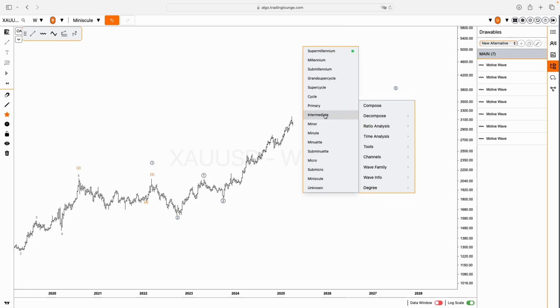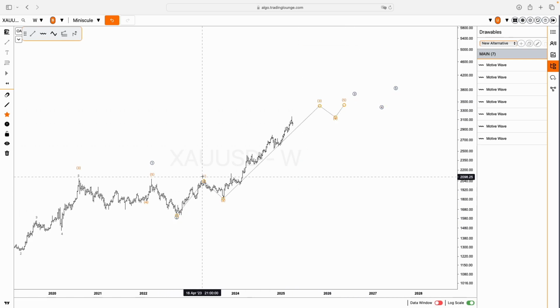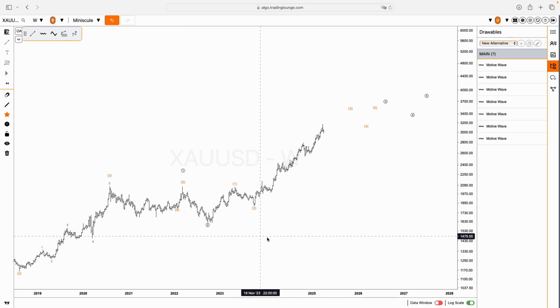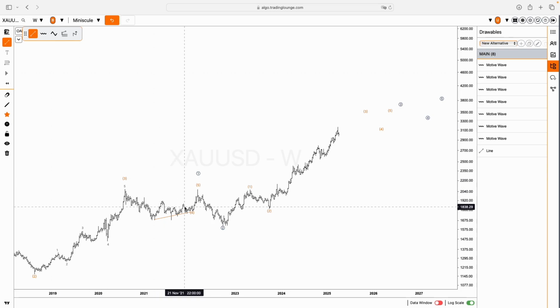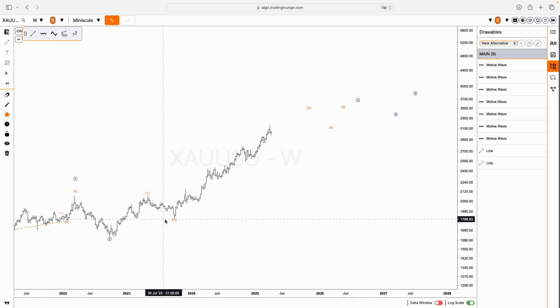Now usually they automatically label 1 degree lower, but it depends on the precision. By the way, let's show the triangle here. Perfect. And here I also added, see here it should just label automatically 1 degree lower. As you can see, that's one of the features I prefer over TradingView.